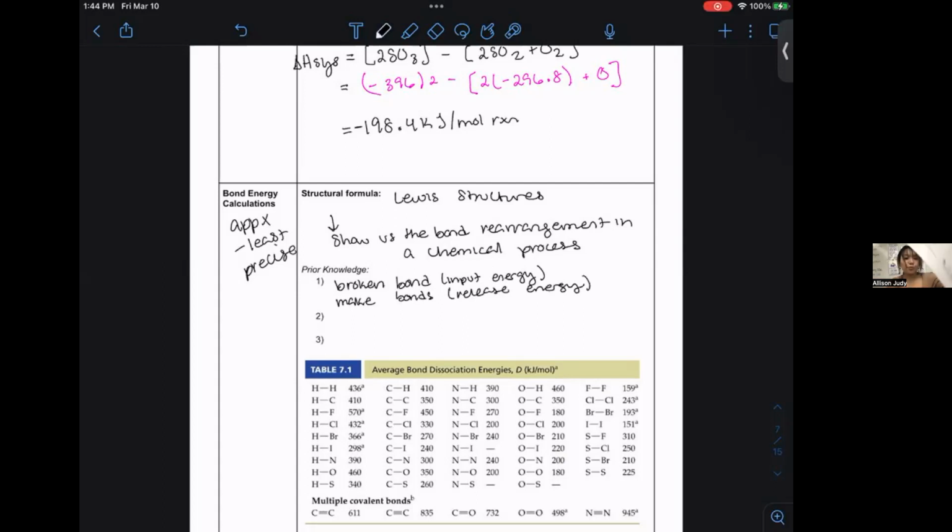We also know prior that bond energy increases with shorter bonds. So bond energy increases from single, greater for double, highest for triple, because bond energy is an indication of how strong that bond is. It's the energy required to break the bond.